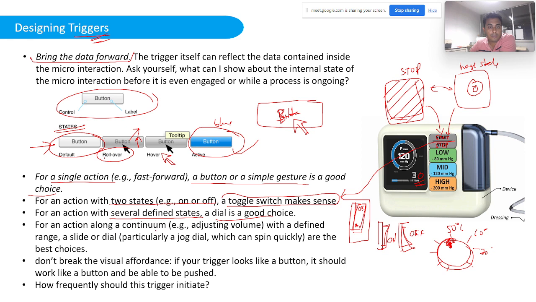Action along a continuum can be defined with a slide or a dial. If it is something like an increase in volume, you can use a dial or you can use a slide, where there is no fixed setting interval, unlike for example this temperature setting. There is no fixed marking required for volume control, because you can increase just by rotating. Nowadays cars have dials which do not have any end point.